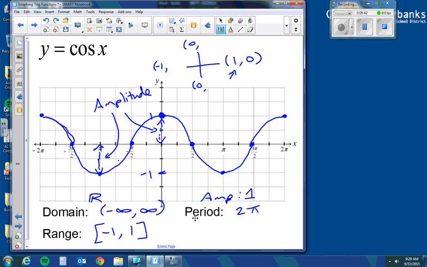And for sine and cosine, the amplitude is 1. Okay? So it's not the total height of the wave. I called the x-axis here the midline, but it's also known as the axis of the wave. So a cosine graph is oscillating from one above the midline to one below the midline, up and down, over and over again. Okay?